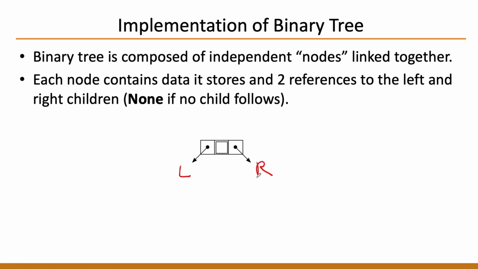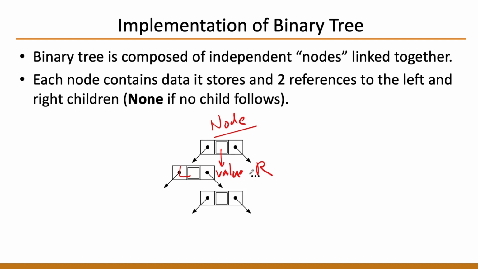So inside the internal data storage, this is what we can do for a particular node. This is the node object over here. We store inside the actual value you plan to store. And besides the value, you can have the left reference and the right reference that point to the respective nodes. Then you can construct your tree gradually this way.